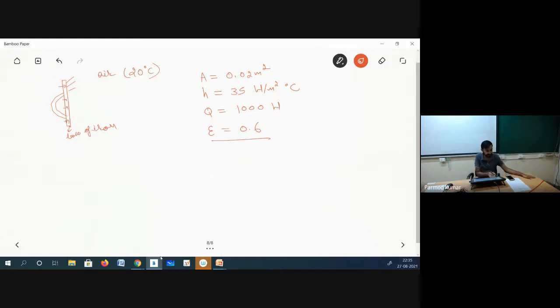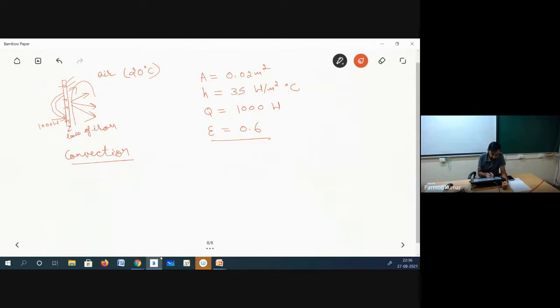Obviously, when we supply electrical power to this iron block under the steady state condition, the 1000 watt that we supply is going to enter the surroundings. It will do so by the mode of convection, because whenever we have air and a vertical iron plate, there will be a recirculation motion, which creates bulk motion of the fluid.